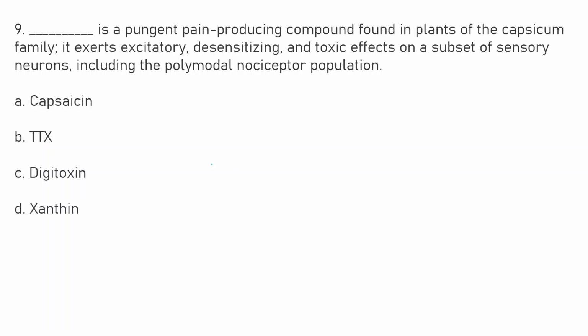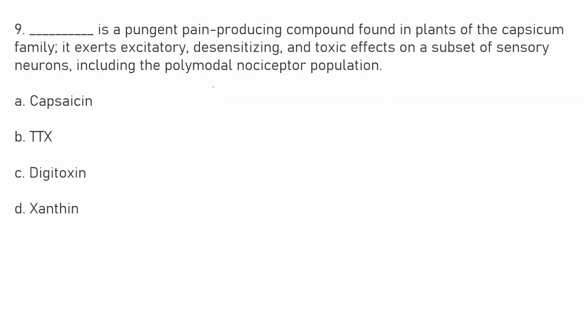So this compound is a pungent pain producing compound found in plants of the capsicum family, and this compound exerts excitatory, desensitizing and toxic effects on a subset of sensory neurons, including the polymodal nociceptor population.